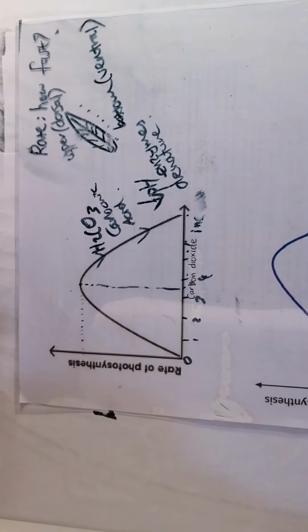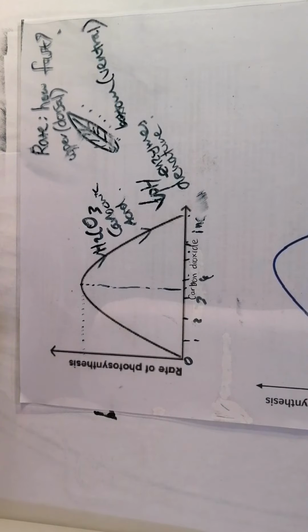The other way that this graph can be depicted, and let me just, is like this. In this case, that's the optimum right there. Okay, no, there, see, that's higher, isn't it?